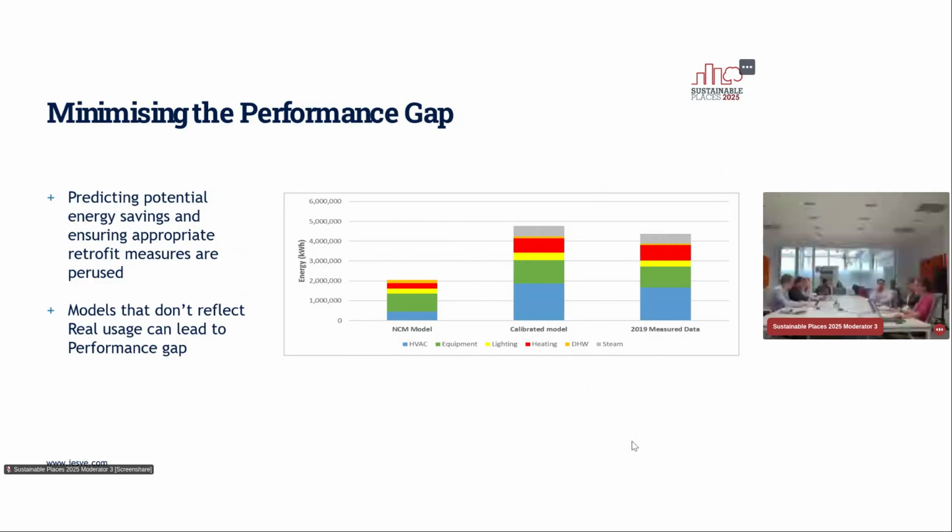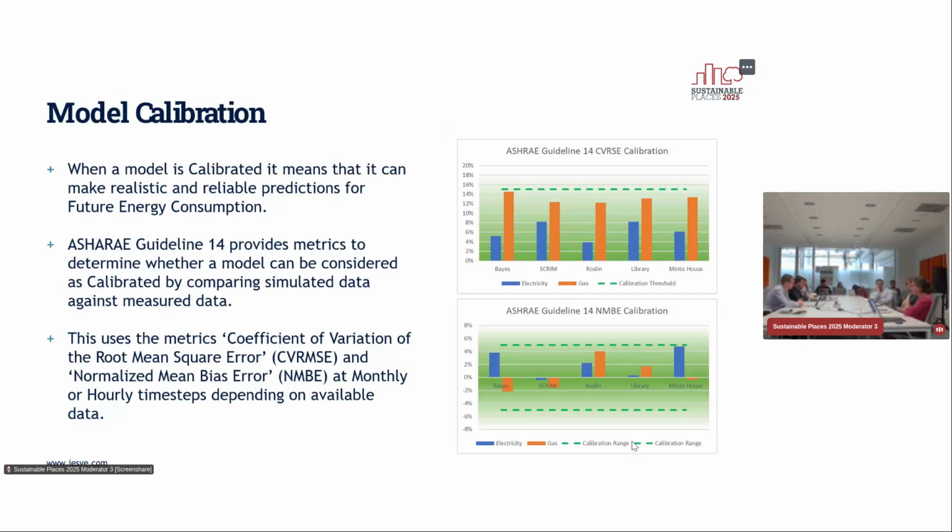I'm not going to go into much detail on this, but basically the way you approach this follows ASHRAE Guideline 14. It's used by ESCOs just about everywhere in the building retrofit market for project financing. So the concept is that of a calibrated model, an energy simulation model that's realistic and reliable. There are some specific metrics that you need to meet on the variation and the error of the model.